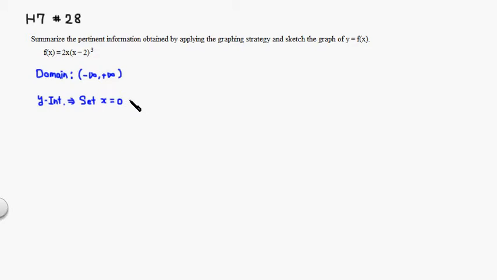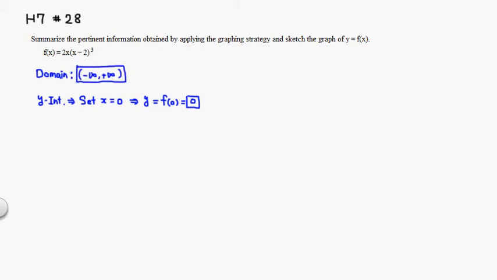So y equals, basically just evaluate f of 0, which is, plug in 0, going to be 0. So the y-intercept is 0.